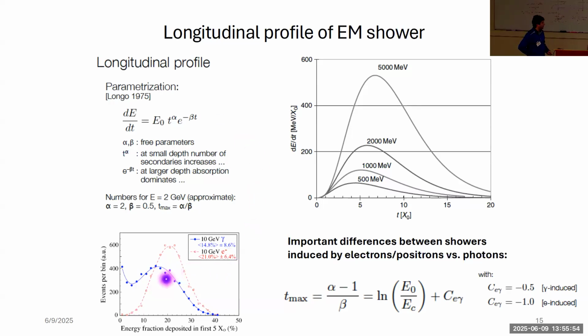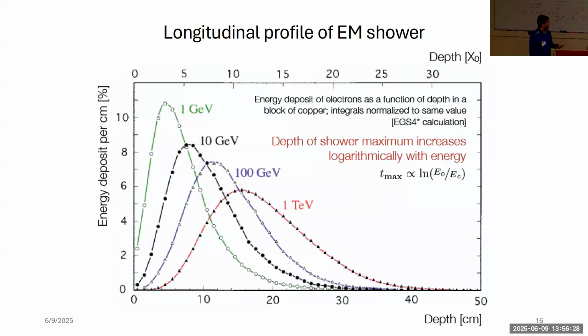For electrons and positrons, they tend to lose more energy at earlier stages because they start to bremsstrahlung, or radiate, immediately when they enter the calorimeter, while a photon usually takes something on the order of 1 radiation length before it pair produces. This difference is sometimes useful in pre-shower detectors to distinguish electrons from photons.